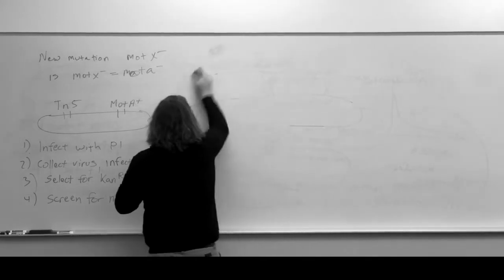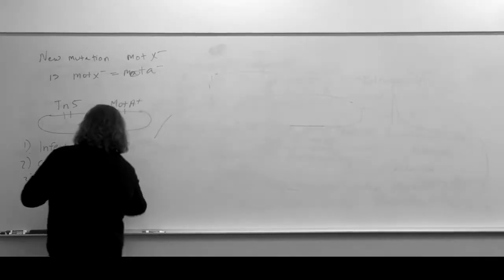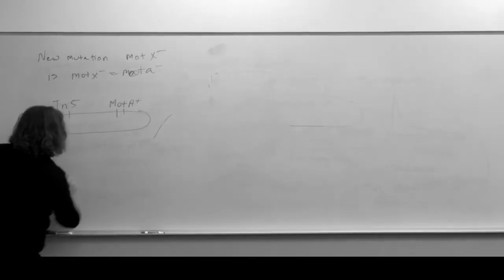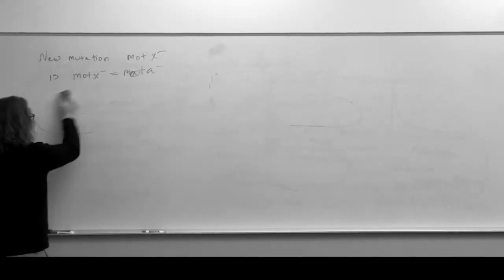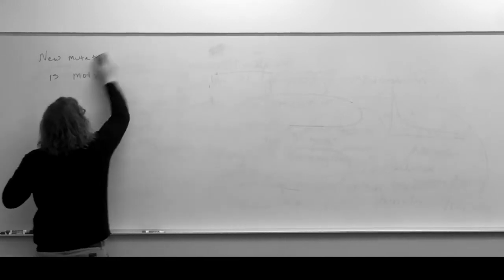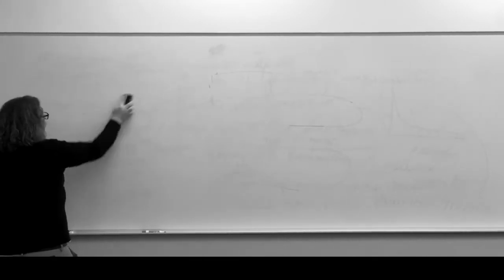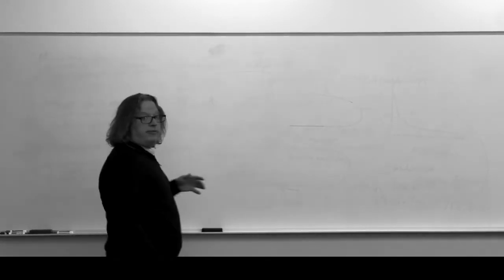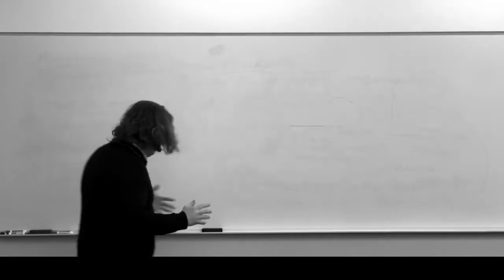So we can do a lot of the same kinds of tricks using this analysis that we can looking at mapping as we did in Drosophila and in yeast. And so one example of this is performing 3-factor crosses.